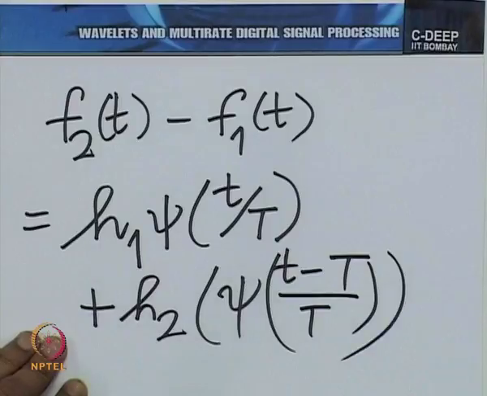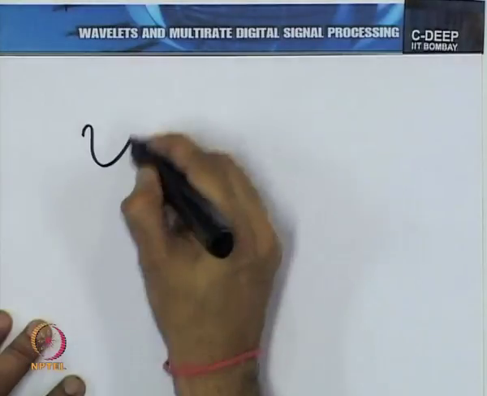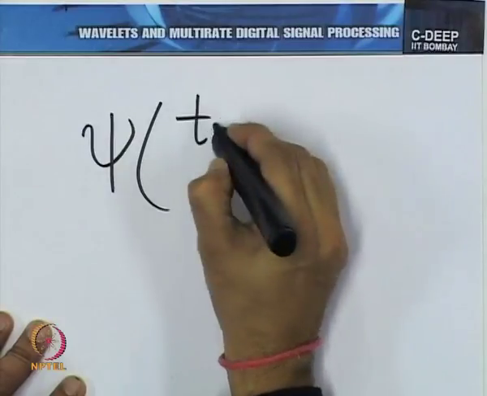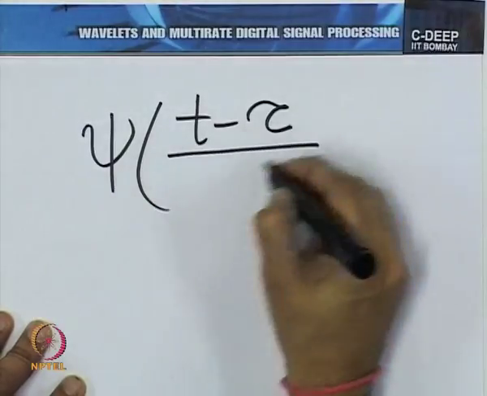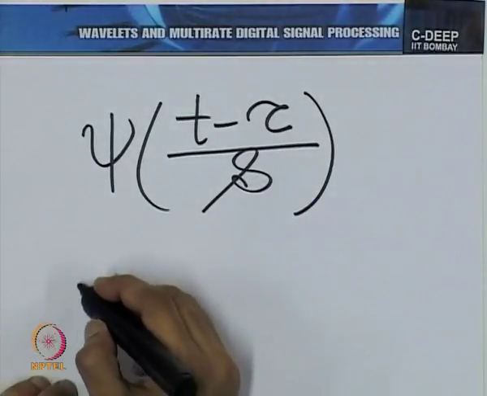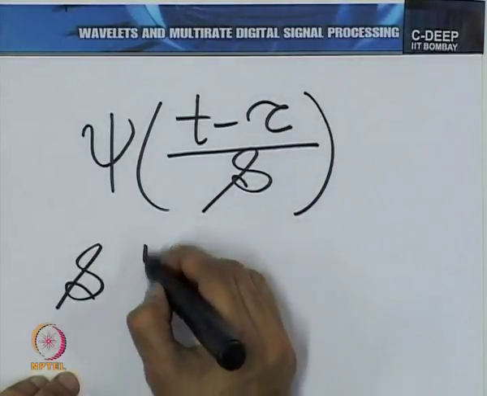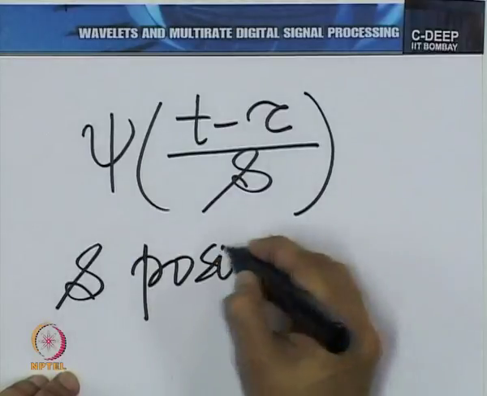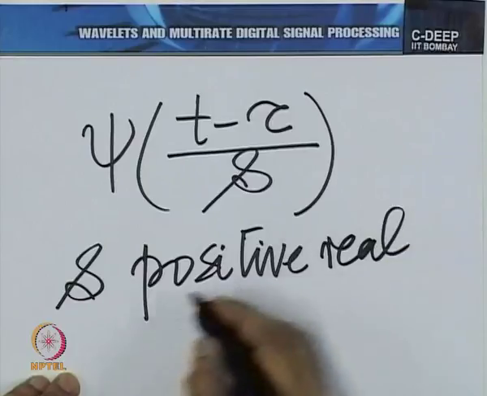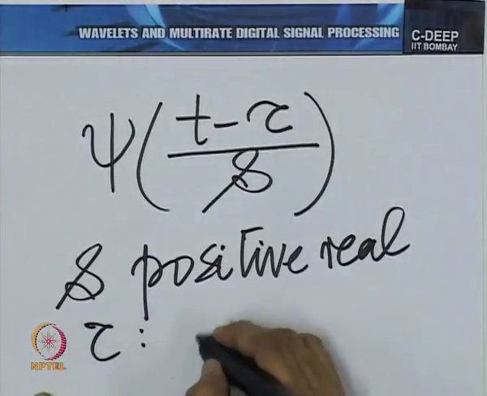In other words, in general, when we start from the function psi of t we are constructing functions of the form psi of (t minus tau) by s, where of course s is a positive real number and tau is real.